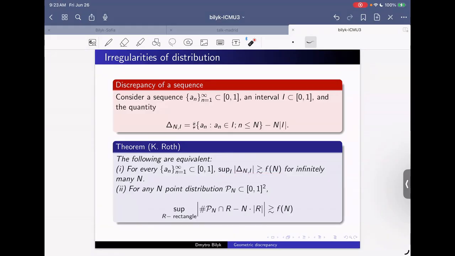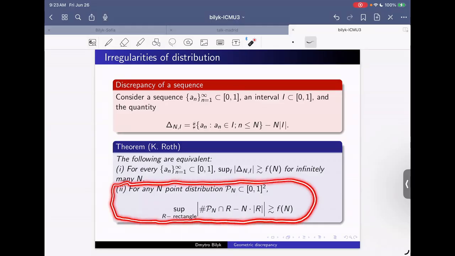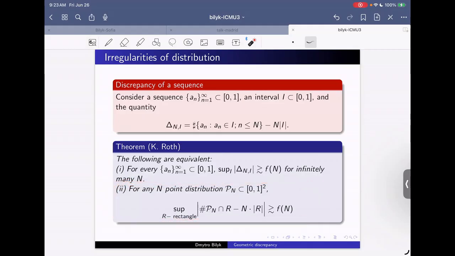But one nice thing is that this formulation is actually the formulation that we've discussed in the first lecture. Okay, and this was the birth of the geometric discrepancy theory, because Ross realized, okay, we now need to study this geometric discrepancy with respect to rectangles.